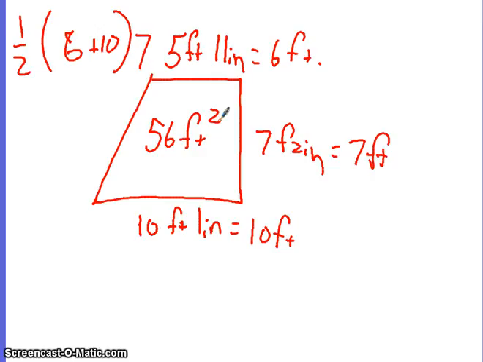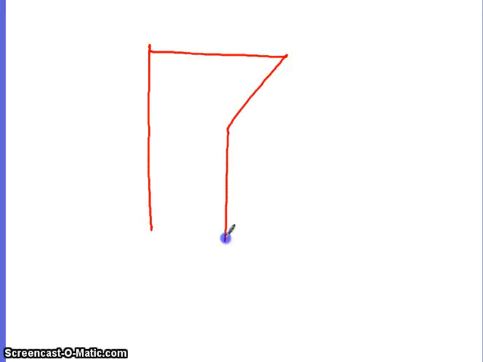Now sometimes when you do your areas of a complex shape, I'm not going to solve this one because we've already done some of these, but your complex shapes might be as complex as this. And you would divide this up. You could divide it up right here.